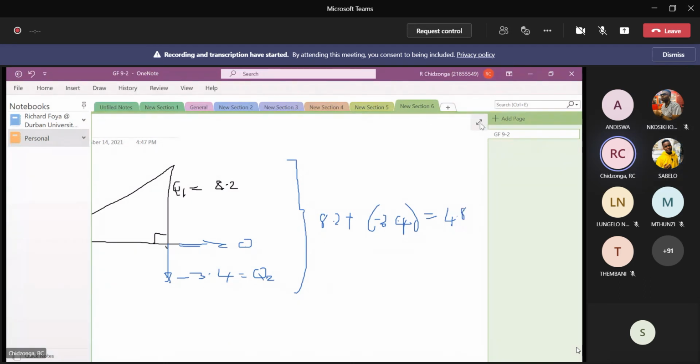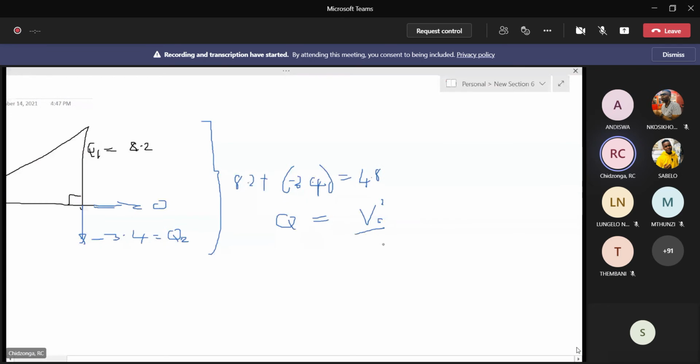And the reactive power Q from a capacitor is V squared, the voltage across the capacitor, divided by the impedance of the capacitor. As we have seen from the beginning, I wrote this equation when I was explaining the real and reactive power.